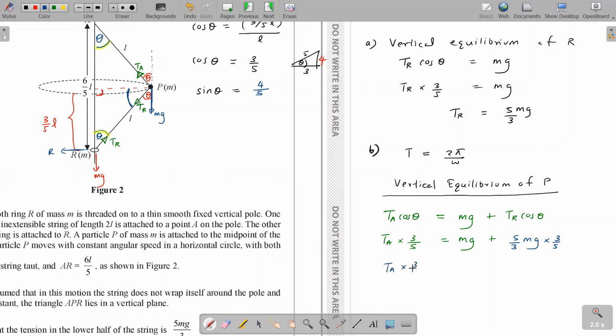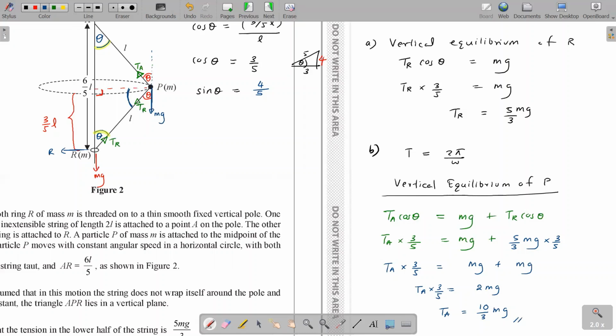Tension A times 3 over 5 equals mg. 5 over 3 into 3 over 5 will give me mg, right? Because it cancels out. Do you agree? So TA into 3 over 5 is equal to mg plus mg. That's 2 mg. So tension A is 2 mg multiplied by 5 over 3, which is 10 over 3 mg. Do you agree? Tension A is 10 over 3 mg.